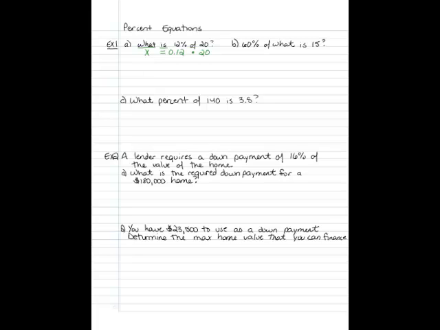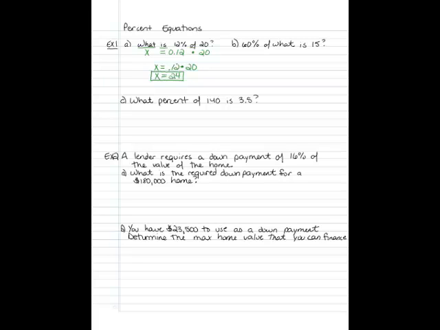So I'm going to condense this. x is equal to 0.12 times 20. Multiply this out, x is equal to 0.12 times 20 is 2.4. And that is our answer. Now in part B, we have 60% of what is 15.